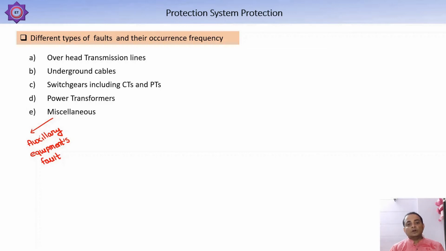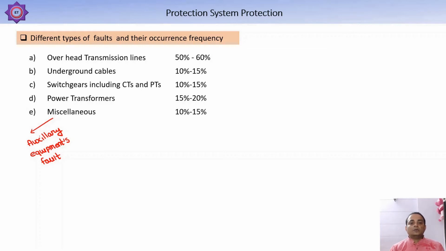The frequency of faults on overhead transmission line lies between 50 to 60%. For underground cable, it is 10 to 15%. For switchgear including CT/PT, it is 10 to 15%. For power transformer, it is 15 to 20%. And lastly, for miscellaneous, it is 10 to 15%.